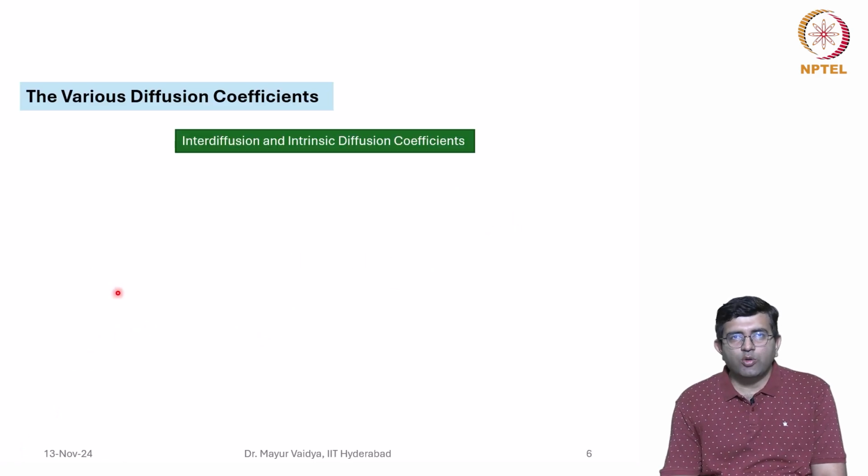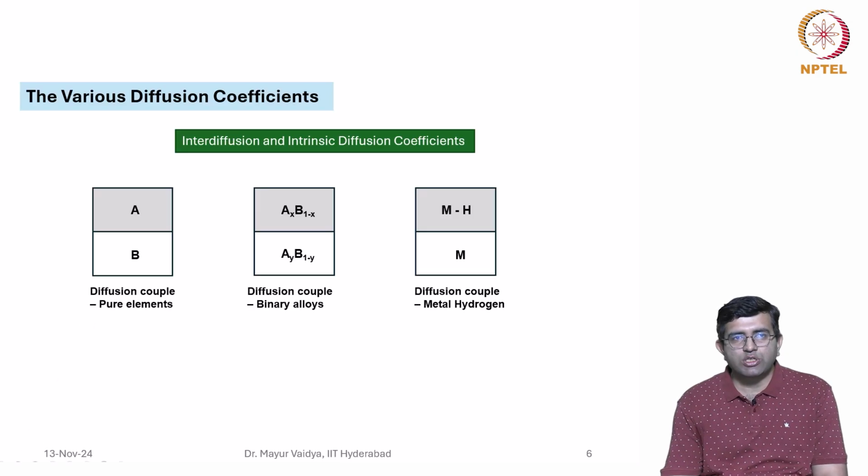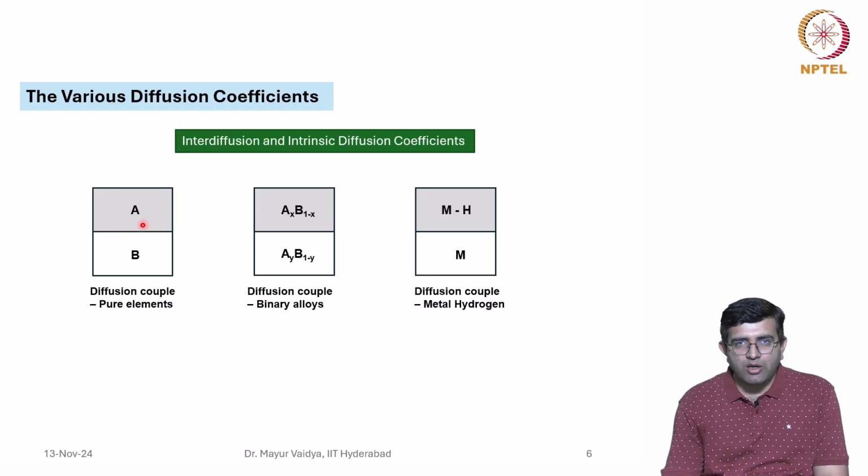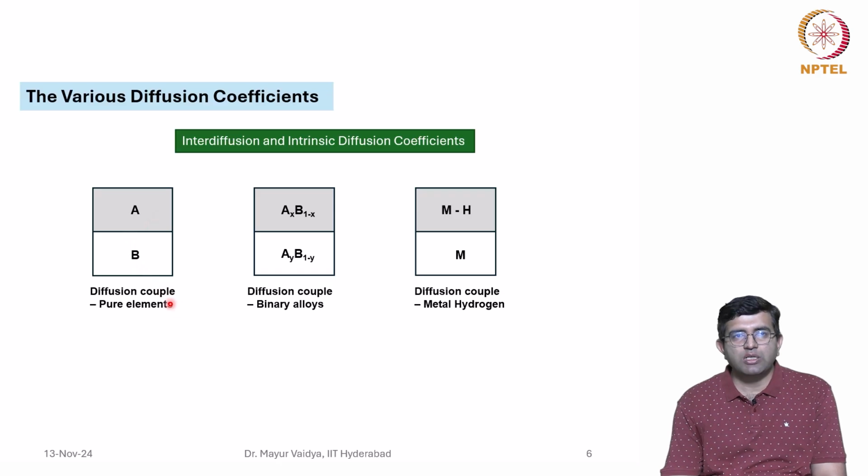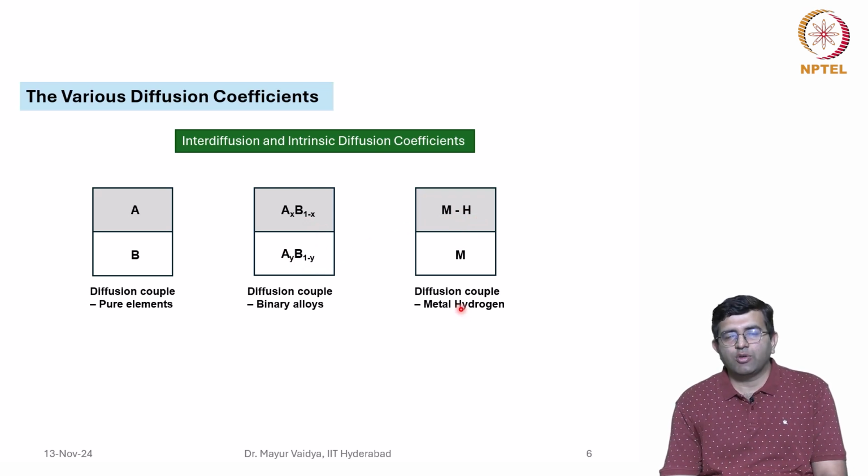Then we also looked at what are interdiffusion coefficients and intrinsic diffusion coefficients, which are typically obtained from diffusion couple experiments. So you can have a diffusion couple between pure elements A and B, or between two alloys A and B of different compositions, or between metal and hydrogen also, and you can measure the interdiffusion and intrinsic diffusion coefficients.